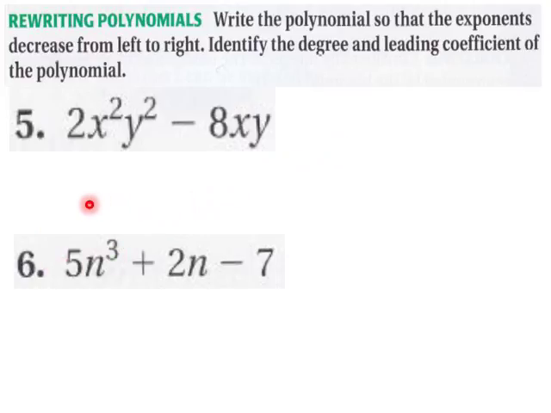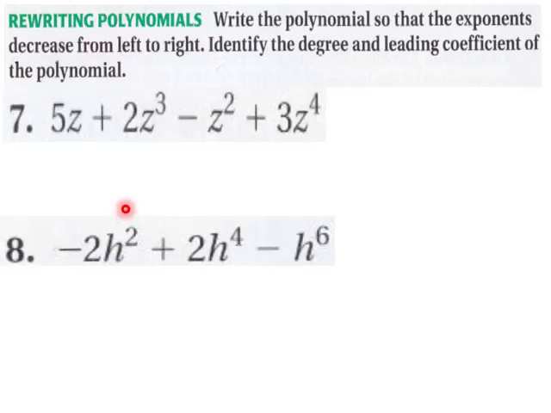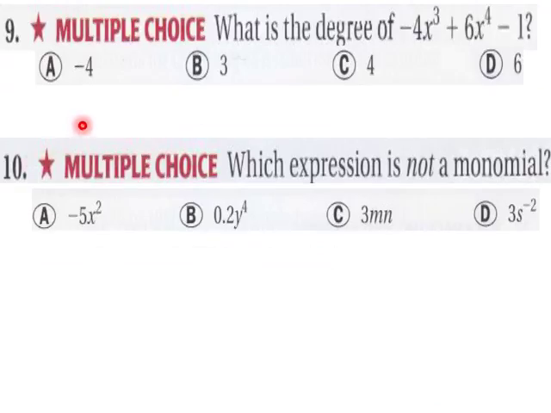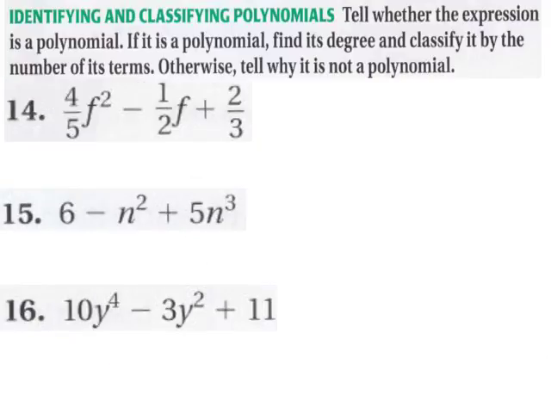Identify degree and leading coefficient of the polynomial. Same thing here. Just a little bit more. We have 4 terms here, 3 terms here. Multiple choice. Classifying polynomials again. So have fun with these, students.